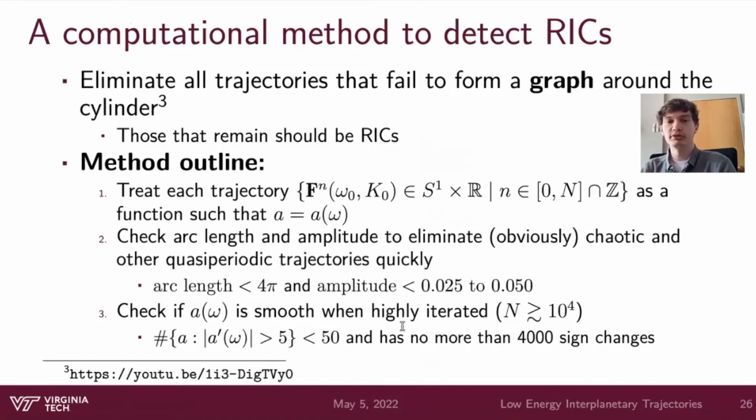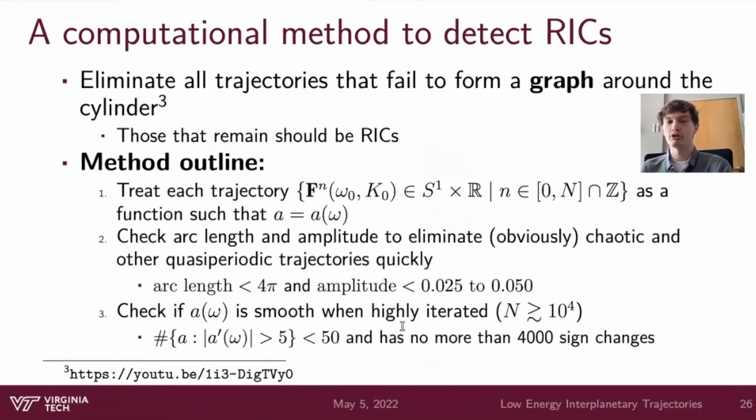The way we're going to do this is we're going to consider orbits as a function. These things don't fill out the phase space in sequential order. They jump around, but we're just going to sort them and treat them as a function. We're going to impose 2 very quick tests to eliminate obviously non-functions: an arc length test and an amplitude test.